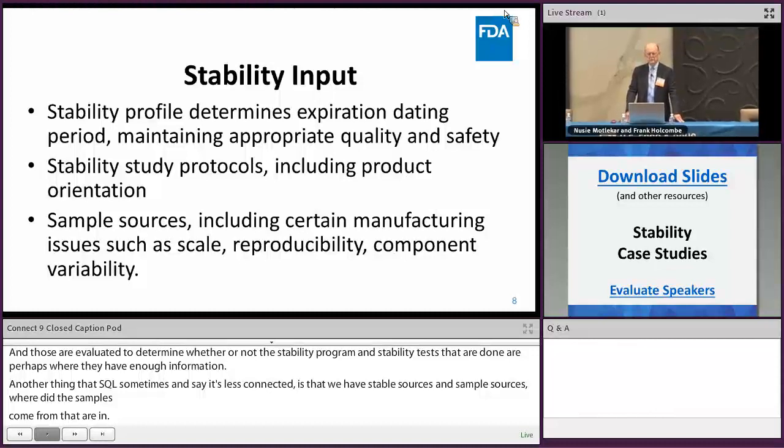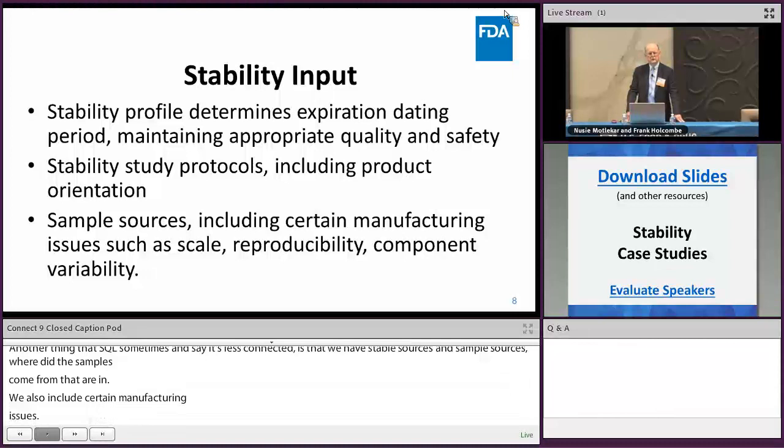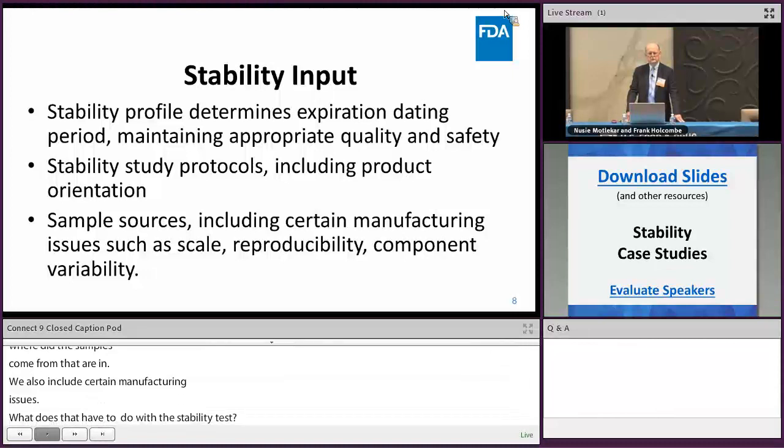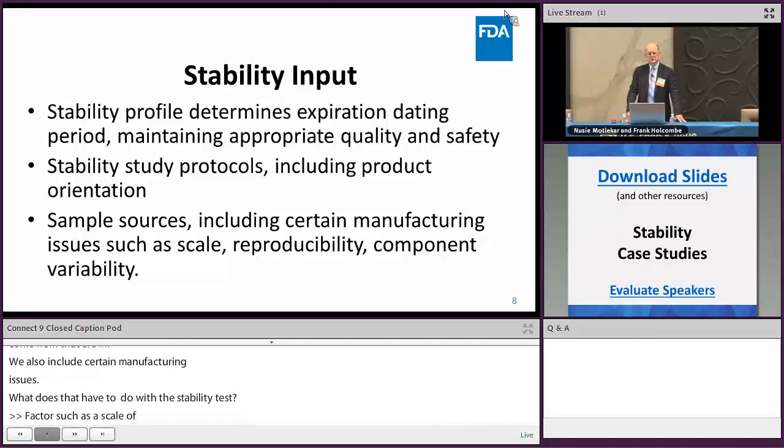Well, factors such as the scale of the product being produced give an indication of reproducibility for what you're building now versus what you're going to be building once you're approved out into the marketplace.